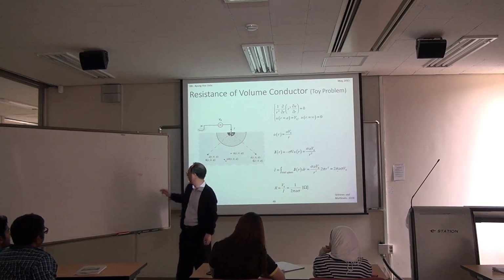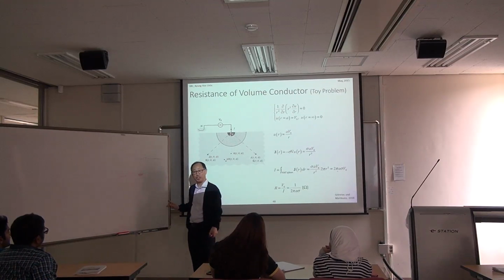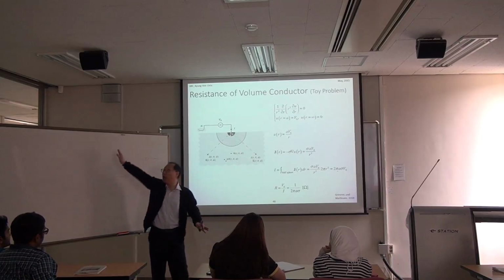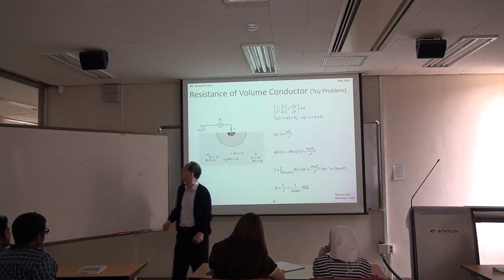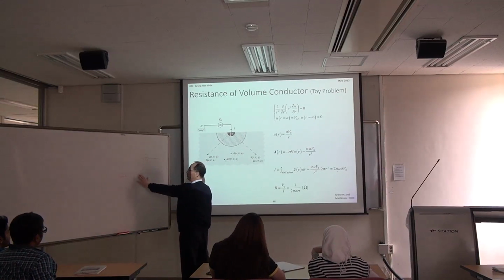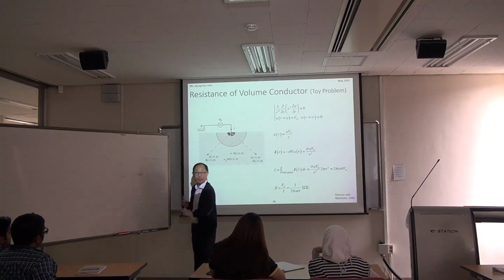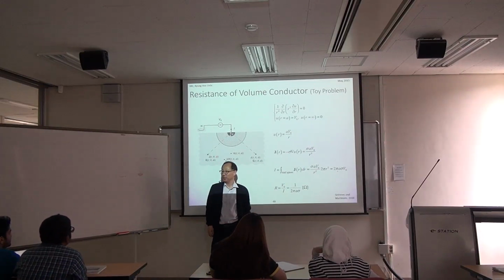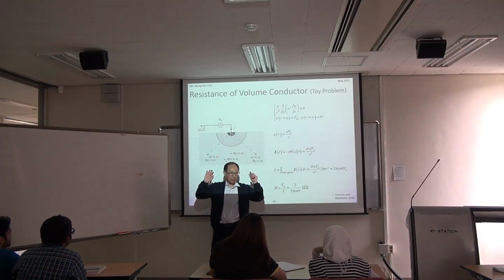And then you inserted this reference electrode into the Pacific Ocean, but at a position far away. So basically, you are injecting current from here to the reference point far away. Can you understand the setting?